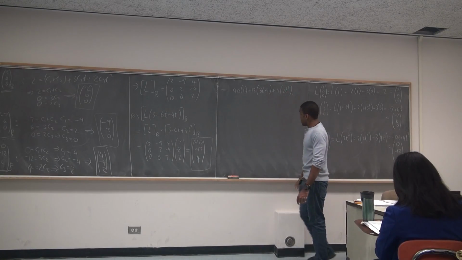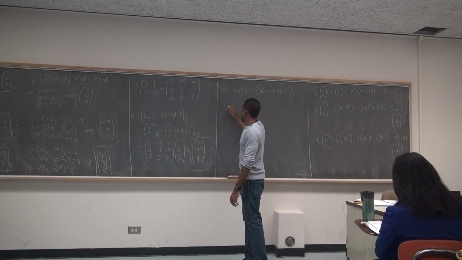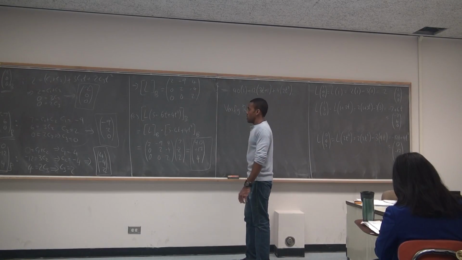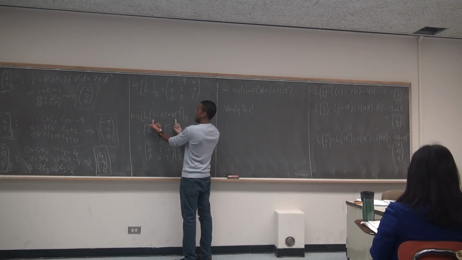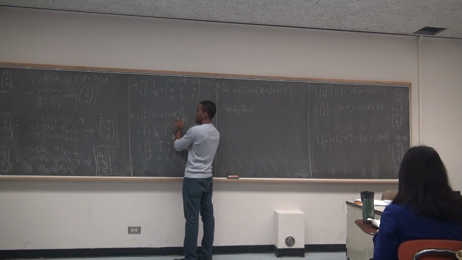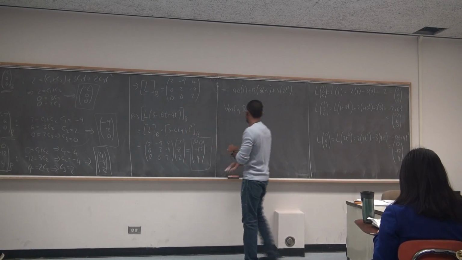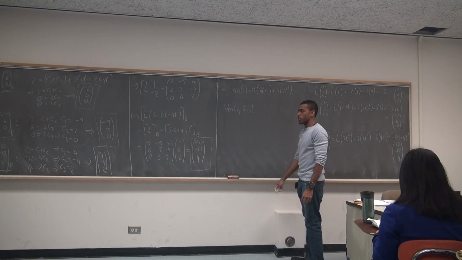Now you can check it for yourself. You can verify this. What you can do is you can find L of this guy, meaning you take 2 times this minus 3 times this derivative, and then show that you actually get this guy when you multiply it out.